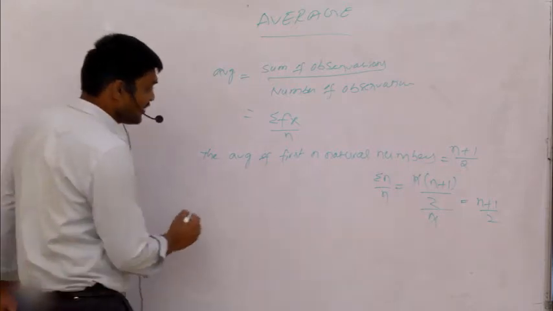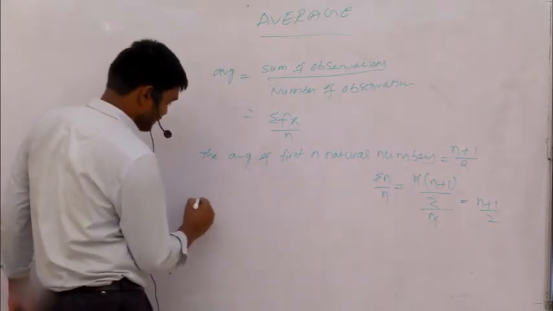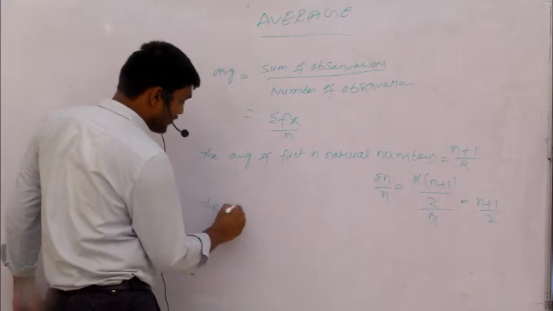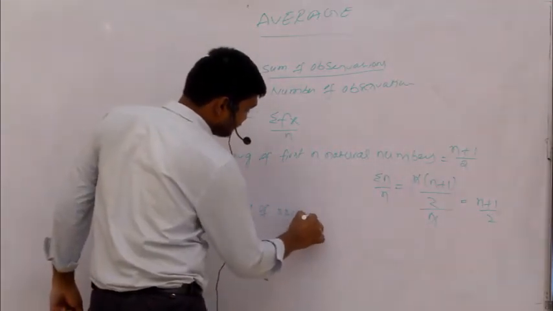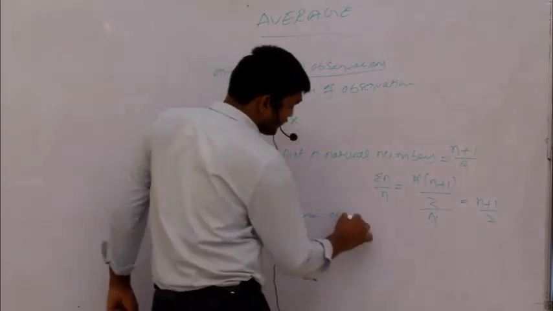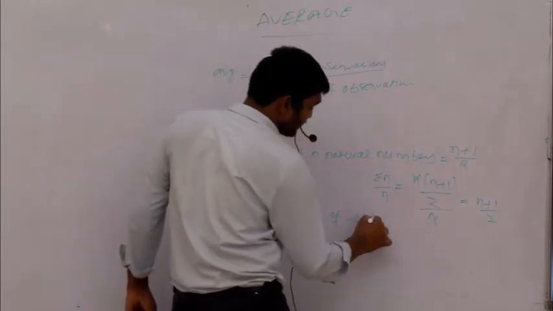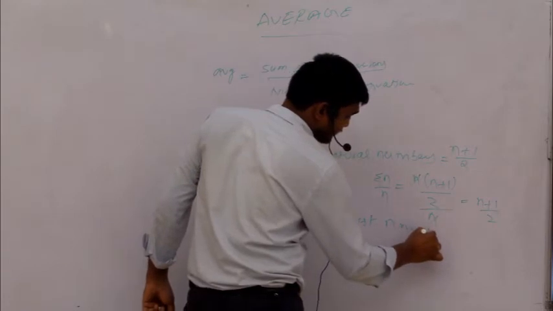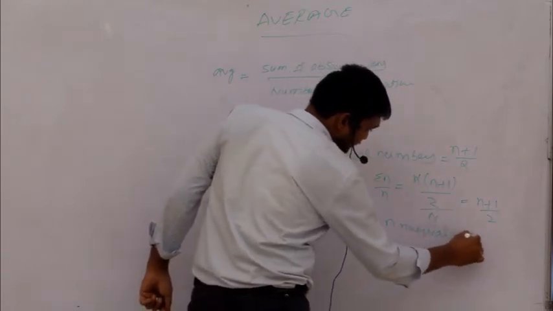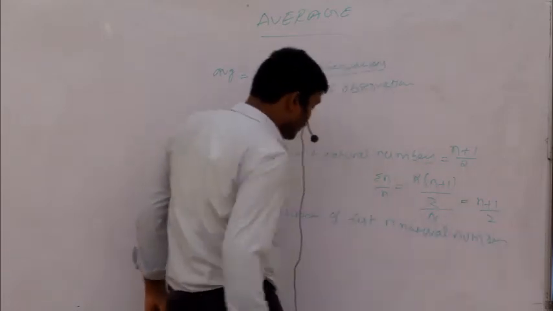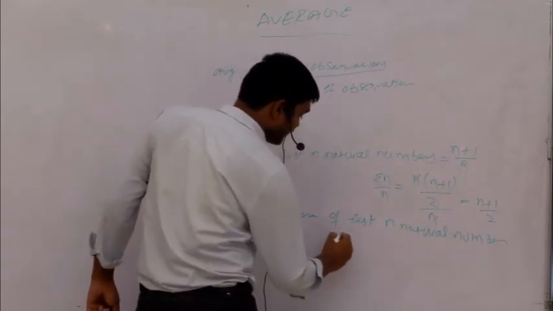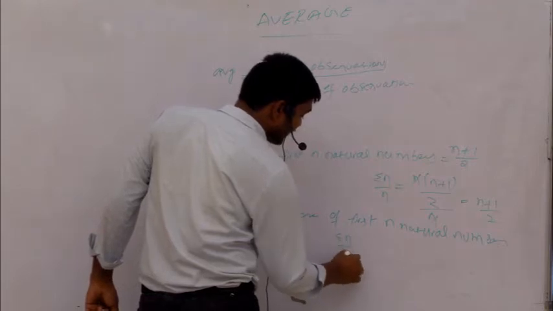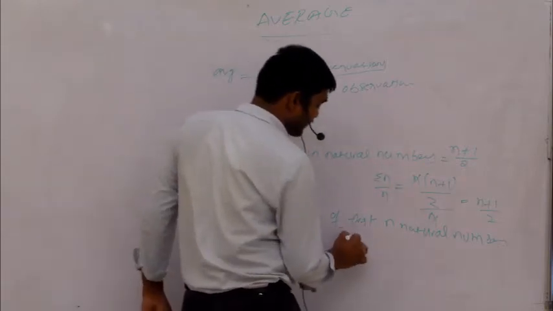So, the next, the average of squares of first n natural numbers. So sigma n square by n.